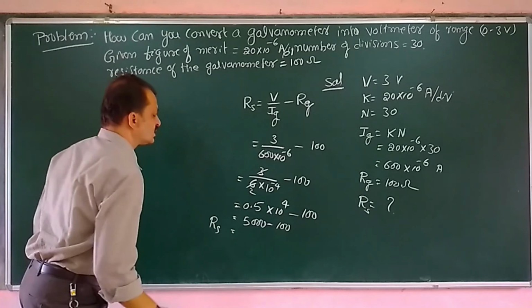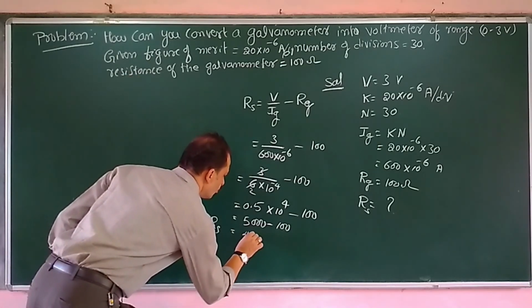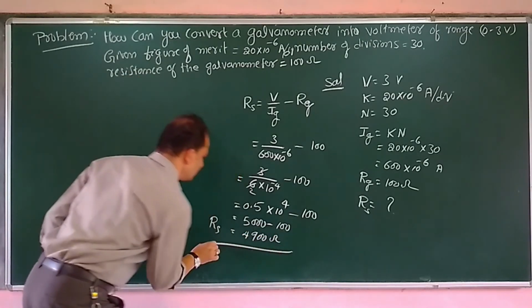Therefore, the high series resistance to be connected is 4,900 ohms.